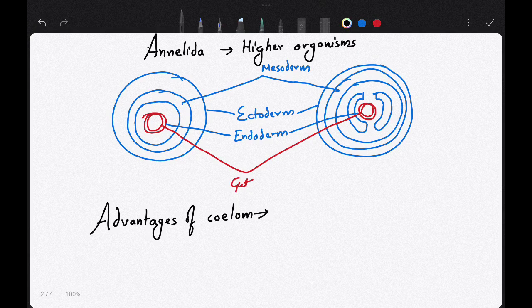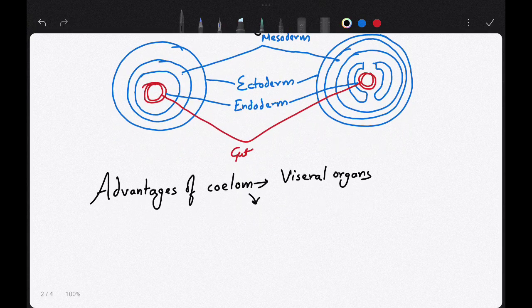This is one of the most important benefits of coelom. Write down: visceral organs are present.